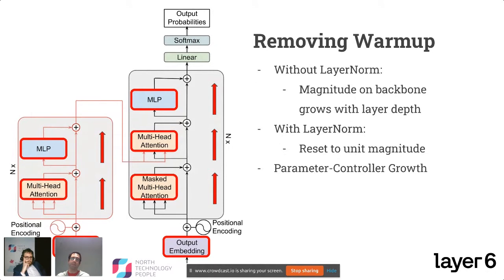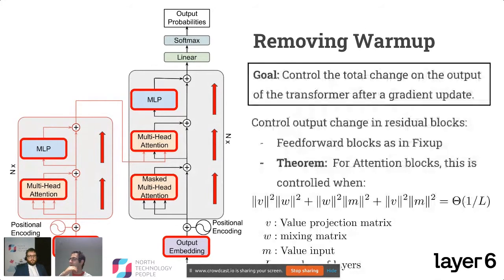The problem in this particular case exists because of the combination of the Adam optimizer and this effect that we have with the layer norm. So now that we understand that combination of things, and we want to control the parameters, how can we control those parameters? The idea comes from another source.